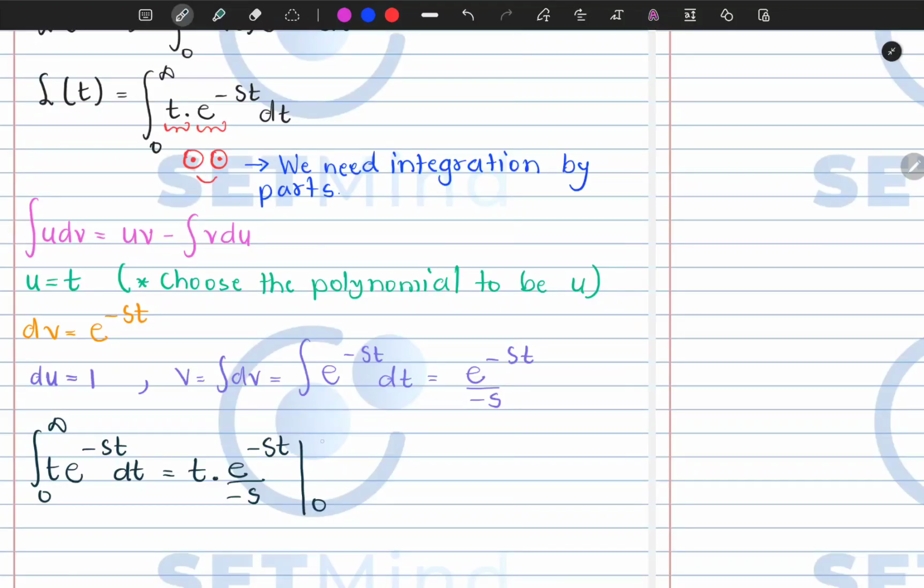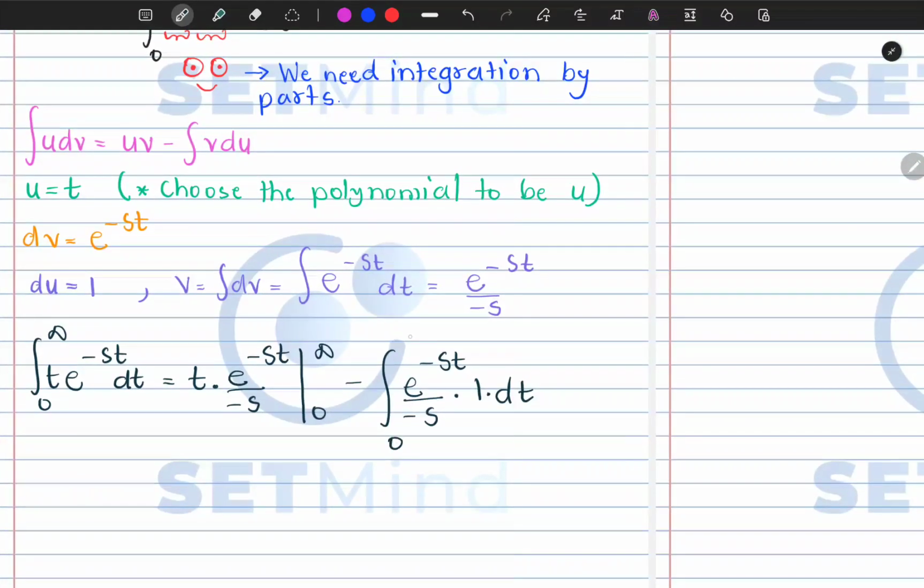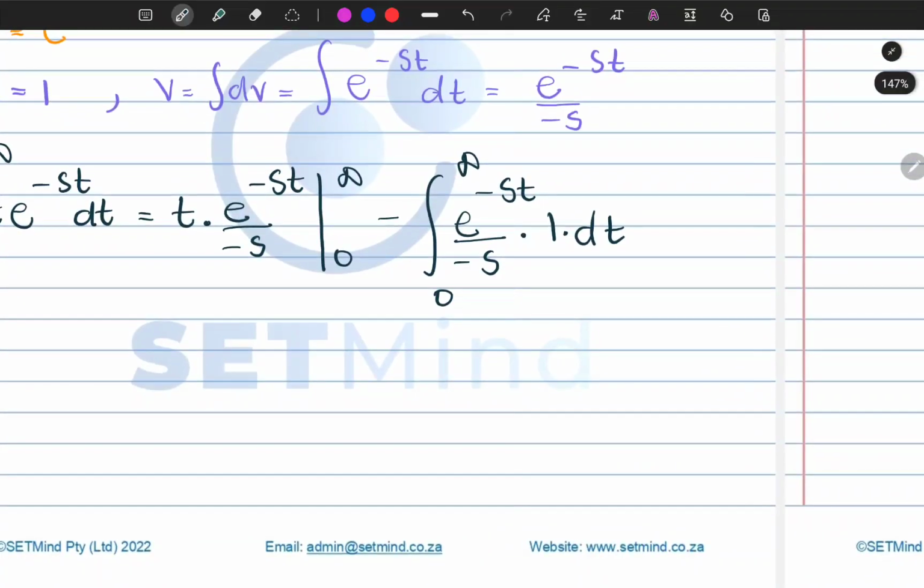And this is evaluated between 0 and infinity. Then minus the integral of our v. If you look at our v, it is what we found here, which is e to the negative st divided by negative s. And our v should be multiplied by du. But our du is 1. Then dt, and this is between 0 and infinity. So let's evaluate that part.